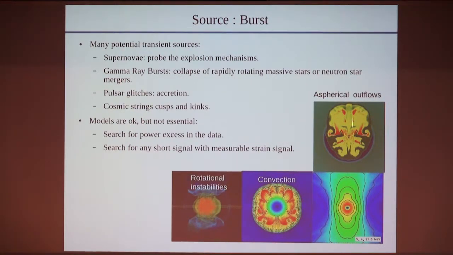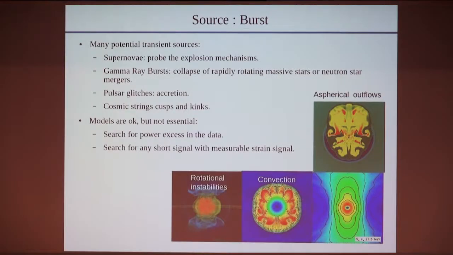Because those objects, supernovae, are observed, but only with electromagnetic emission, and this is emitted way after the collapse. So gravitational waves are really the probe that will tell you what's happening at the beginning of the collapse. This is one of the reasons we want to observe such objects, to really do some astrophysics with them.